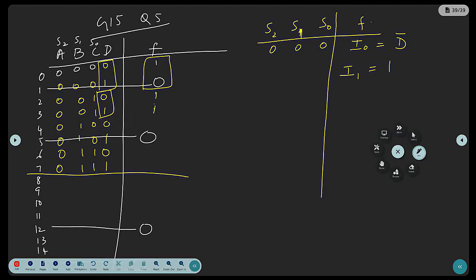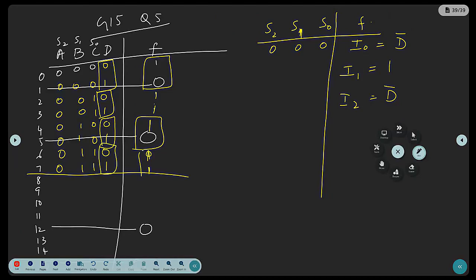Fill this up. What will be, how about the I2 pin? Here it is. Here it will be. So what is the relation between this and this? Inverse. How about this one?